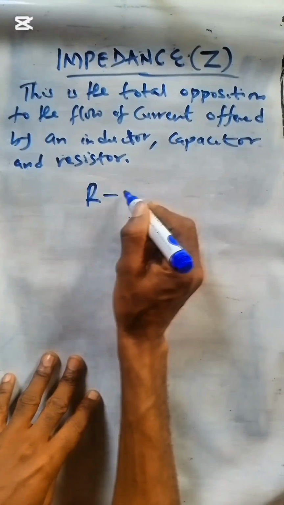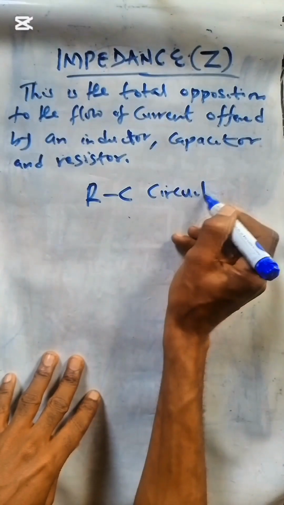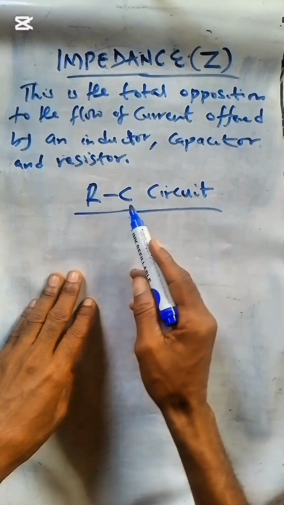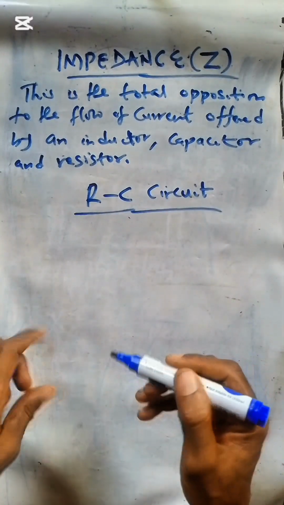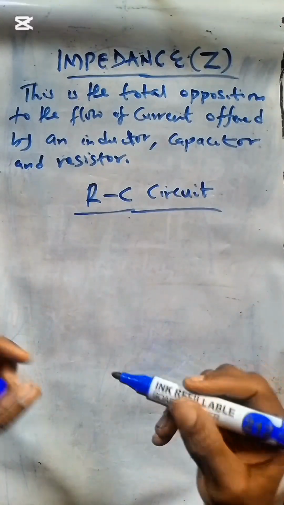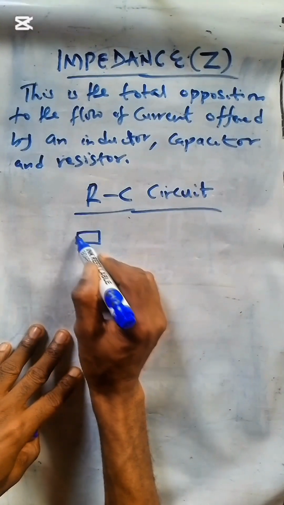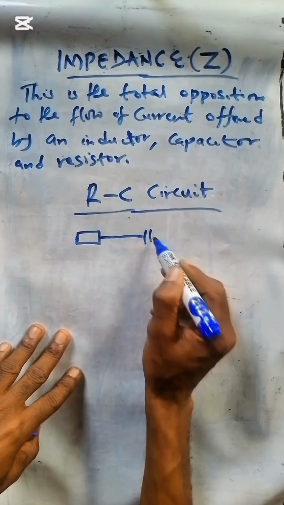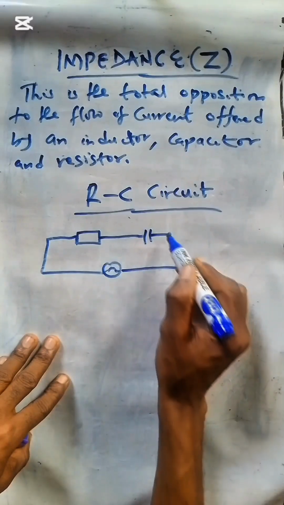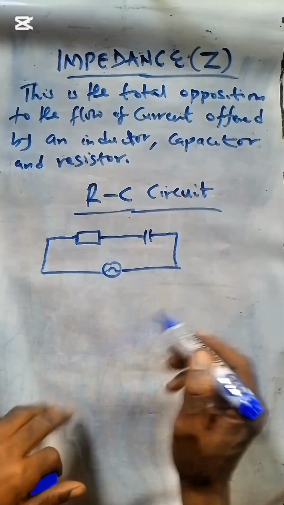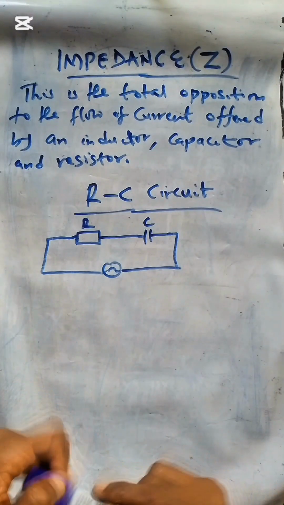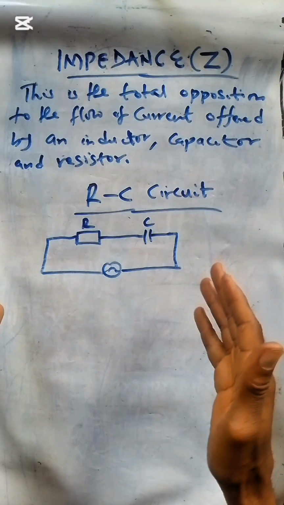We have what we call the RC circuit. The RC circuit is a circuit of a resistor and a capacitor connected in series in an AC circuit. When you have your resistor connected to your capacitor like this, to an AC source, this connection is known as an RC circuit.